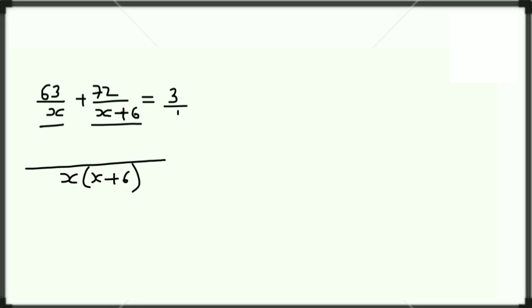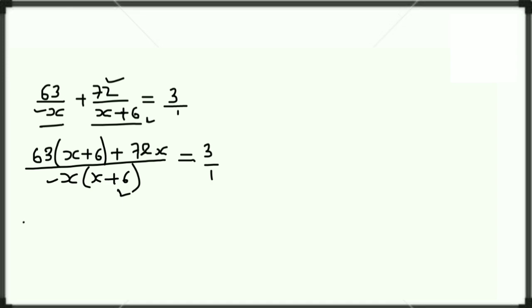Now this x and this x can be cancelled out, and here remains x plus 6, and it should be multiplied with 63. So it can be written like this: 63 into x plus 6 plus, again, this x plus 6 and this x plus 6 can be cancelled out, and here remains only x, and it should be multiplied with 72. So it can be written directly: 72x equal to 3 by 1.